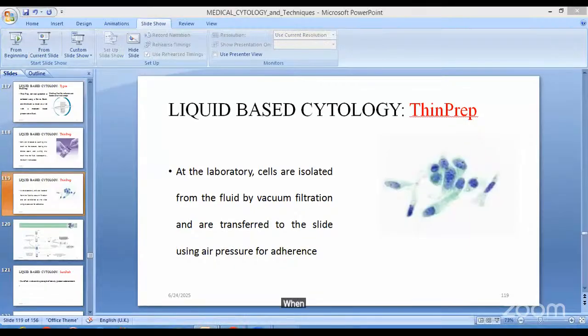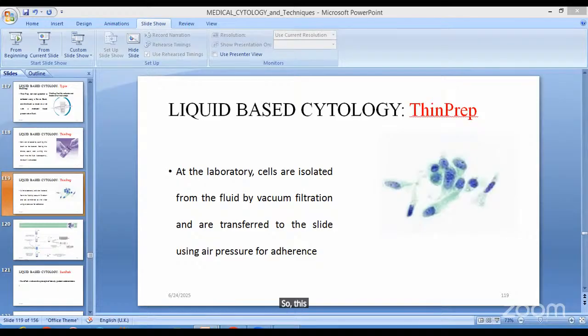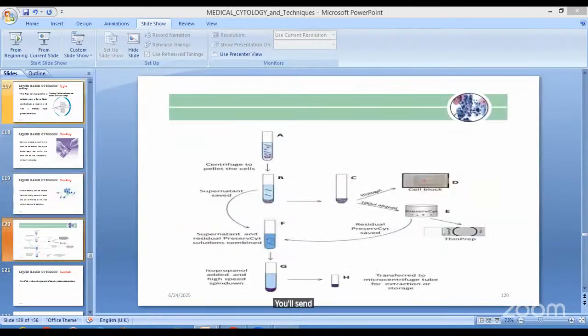When transported to the laboratory, cells are isolated from the fluid by vacuum filtration and transferred to the slide using air pressure for adherence to stick the sample to the slide. This diagram shows the workflow for ThinPrep. You centrifuge, discard the supernatant, fix it, then transfer it to the slide.